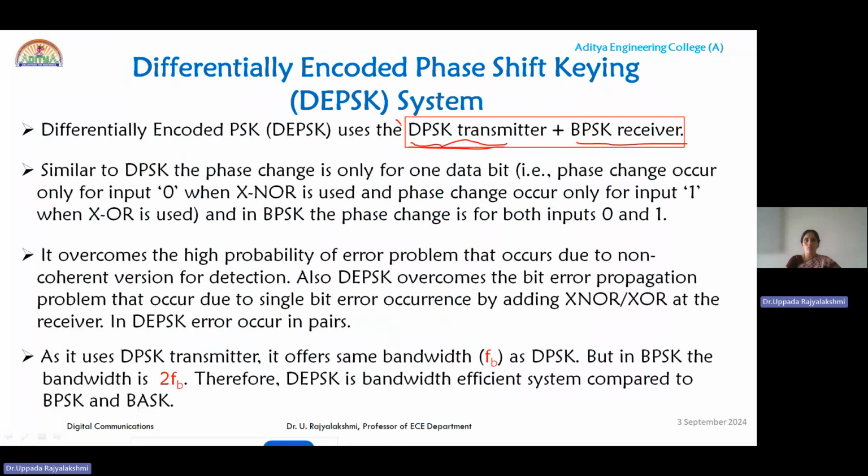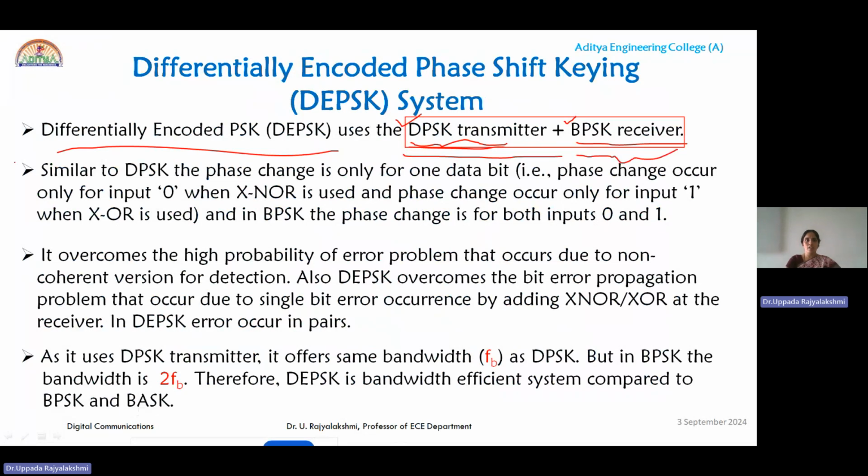That's why we have chosen the DPSK transmitter, and because of coherent detection, we have taken BPSK. Coherent detection will reduce the probability of error and improve the SNR. So differentially encoded PSK provides the advantages of both the DPSK transmitter as well as the coherent detection of BPSK.